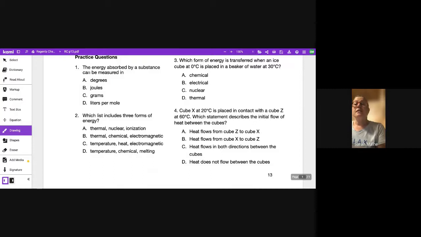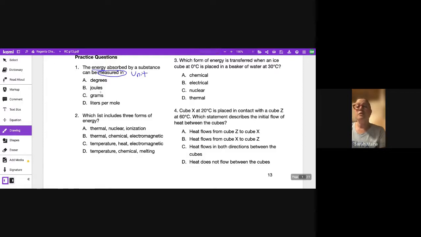So here it states, the energy absorbed by a substance can be measured in. So the quantity being measured is energy. And when it says measured in, it's asking us to identify the unit. How do we measure energy? Some of these terms are probably pretty familiar.